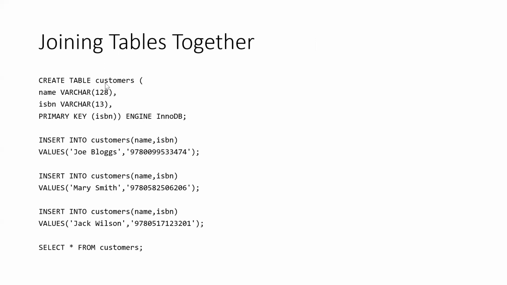We are creating a table for customers, including name and ISBN, and we have taken ISBN as the primary key. And then we have put in some customer details. When you say select all from customers, you will get the values. In this particular case, you will get the values of 3 customers.